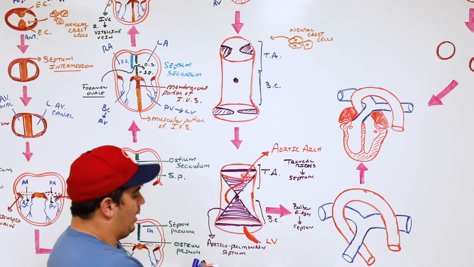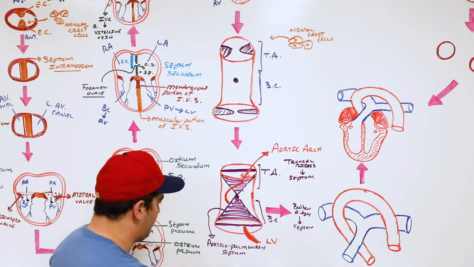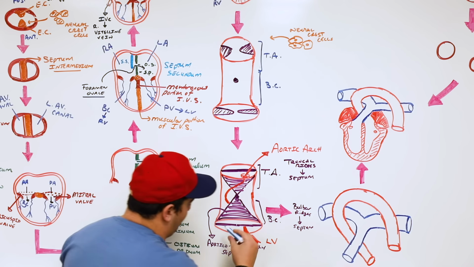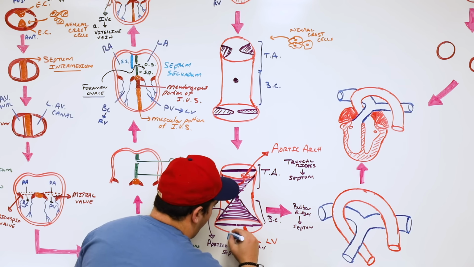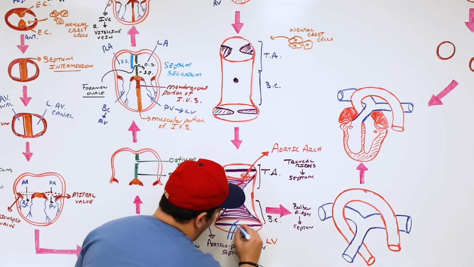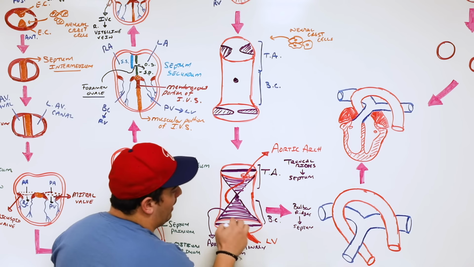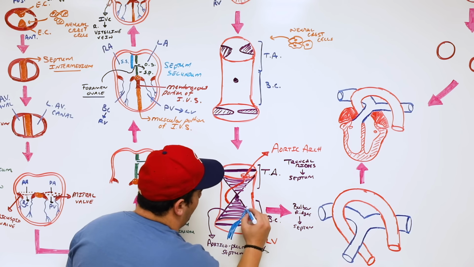In the same way, let's follow this front portion here. In the anterior portion of the bulbar septum, the blood will be coming through this anterior portion. When it moves through the anterior portion, it moves in front of the bottom part of the aortico-pulmonary septum.